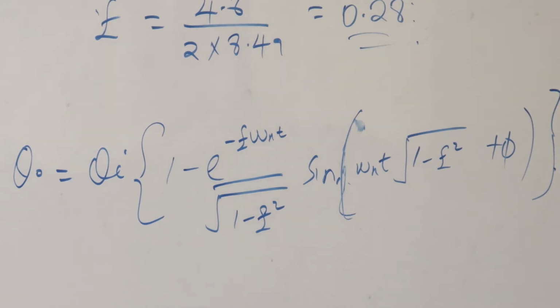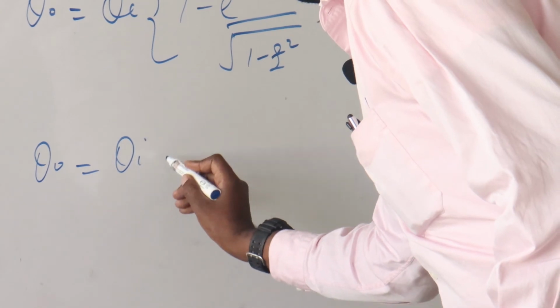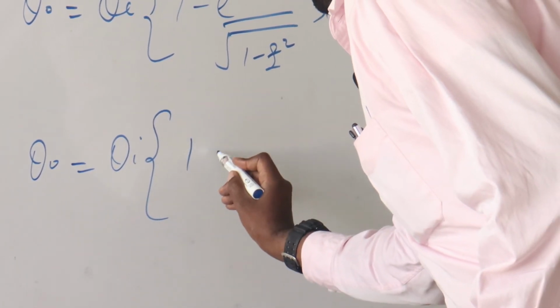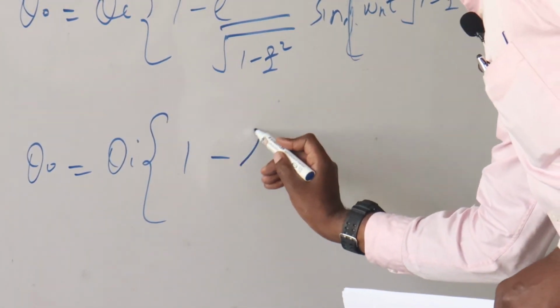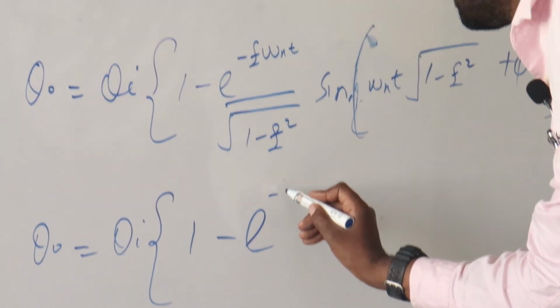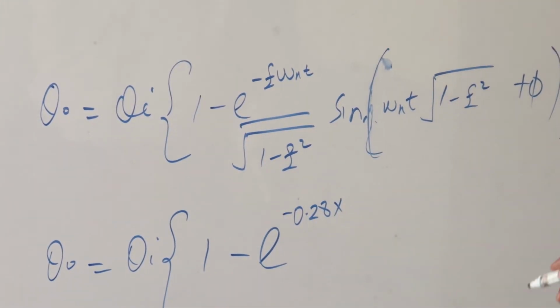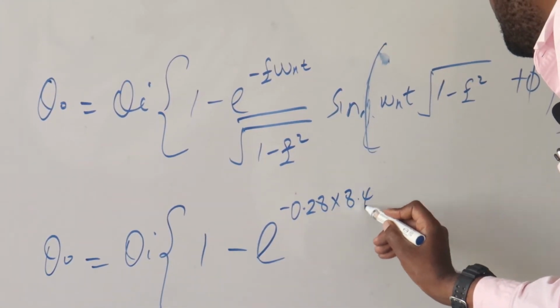So in that case, theta naught is going to be given by theta I into 1 minus e raised to the power negative 0.28 times omega n 8.49 t.